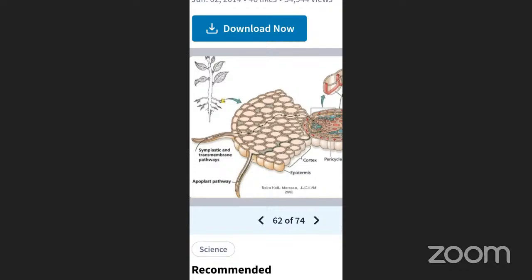So in mycorrhizae, a symbiotic association of the fungus with the root system, we know that the fungal filaments form a network around the young root or penetrate the root cells. The hyphae have a very large surface to absorb minerals, micronutrients and water from the soil, from such a larger volume of soil than the root alone could manage.